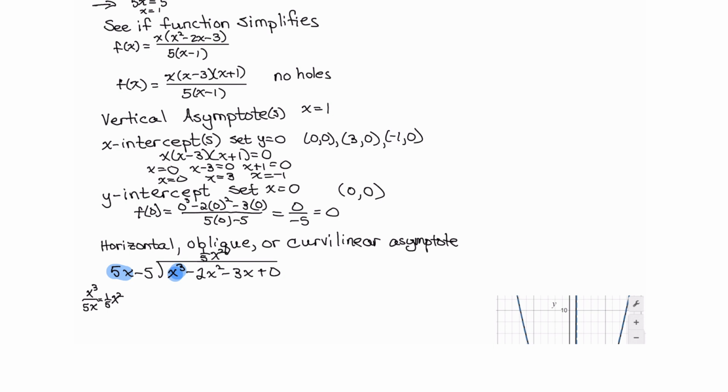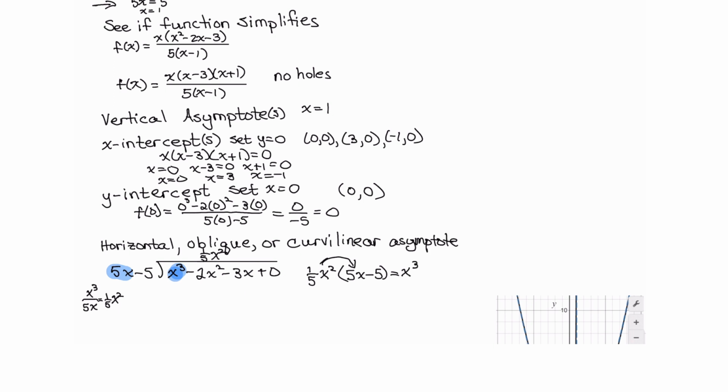Now we take that 1/5 x squared and multiply it through the entire divisor, 5x minus 5. When we multiply that through, 1/5 times 5 is 1, x squared times x is x cubed, so I get 1x cubed.